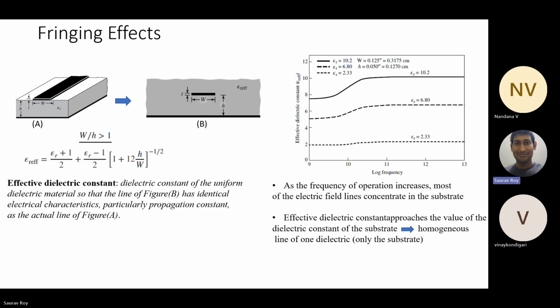Only at lower frequencies does more fringing happen. So the effective dielectric constant approaches the dielectric constant of the substrate, meaning the line becomes more homogeneous, with only the substrate, at higher frequencies.